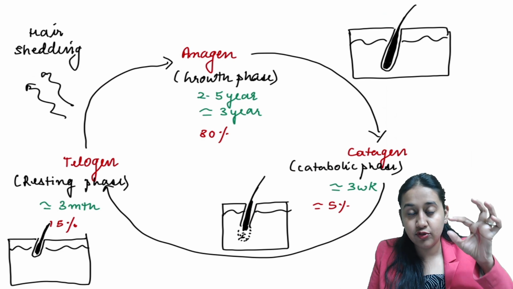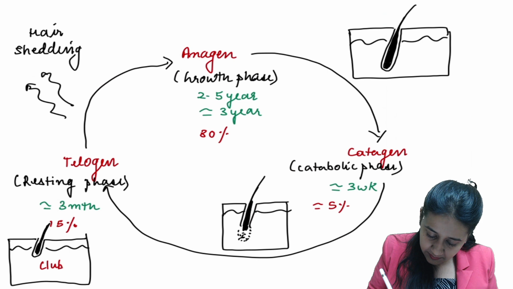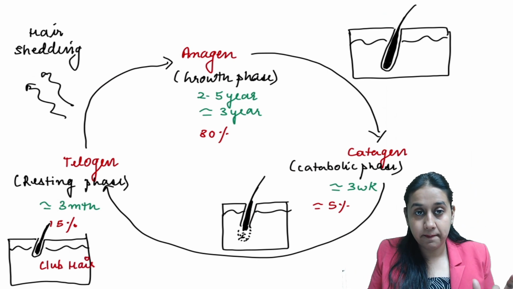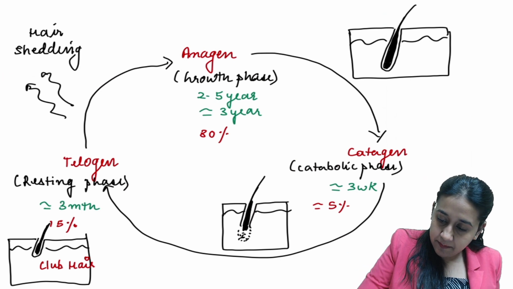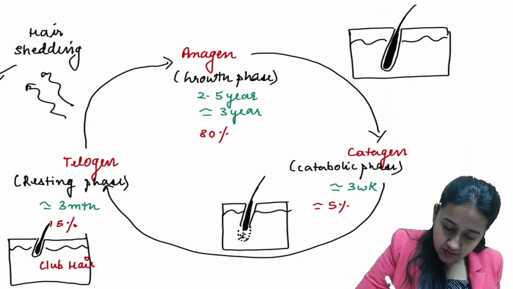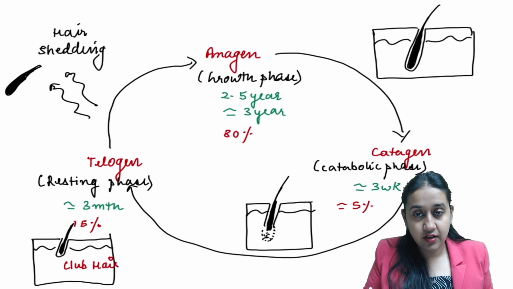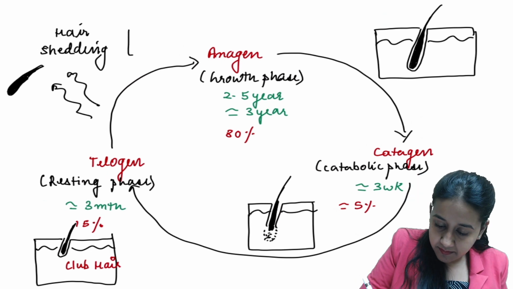The hair has become short, but is still attached, and these shorter hairs are known as club hair. After shedding, when the hairs are shed, the empty hair follicles are left.